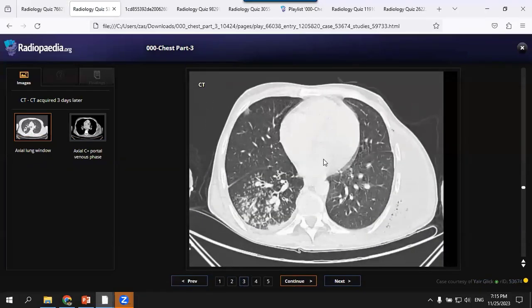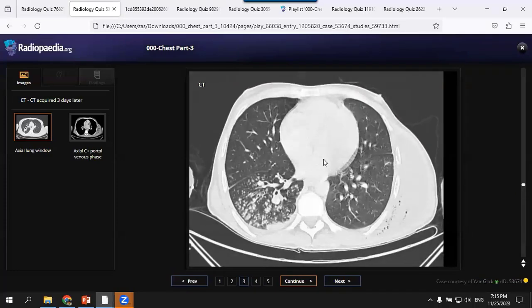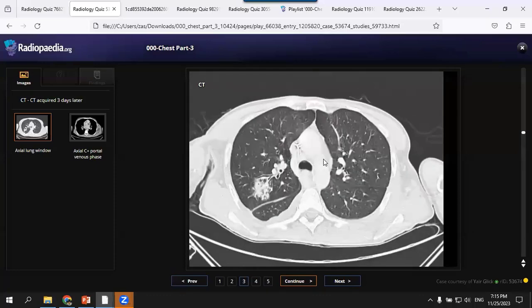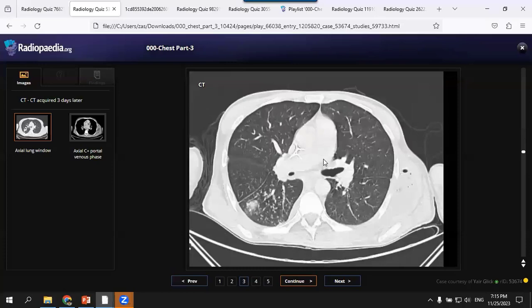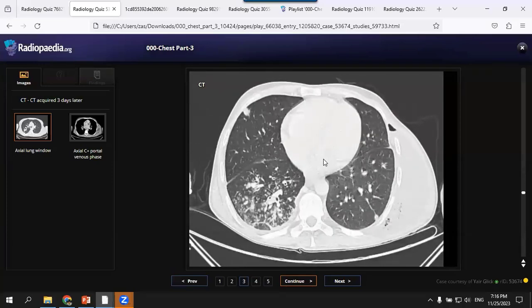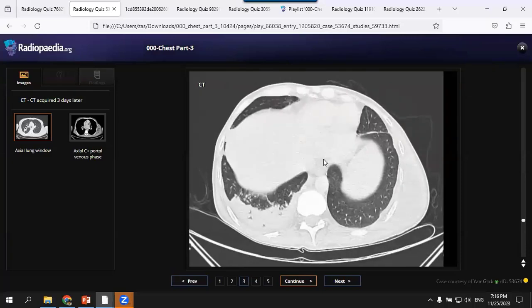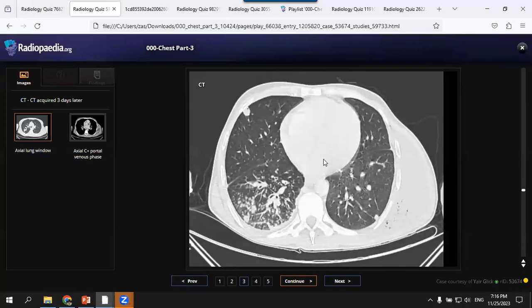This is an axial CT scan image with IV contrast of an adult patient. I can see multiple cavitary lesions on the right side. Also, I notice multiple nodules in the right lower lung lobe, taking the feature of a tree-in-bud appearance, with atelectasis seen in the far lower lobe.